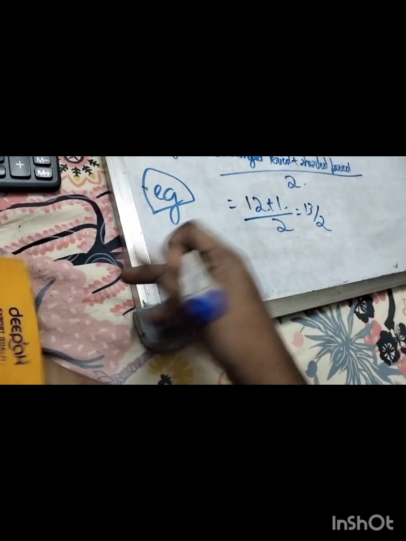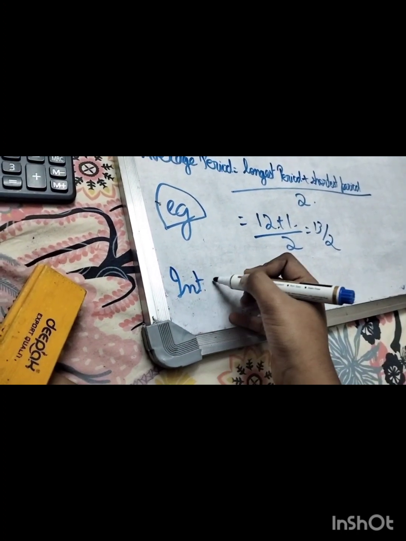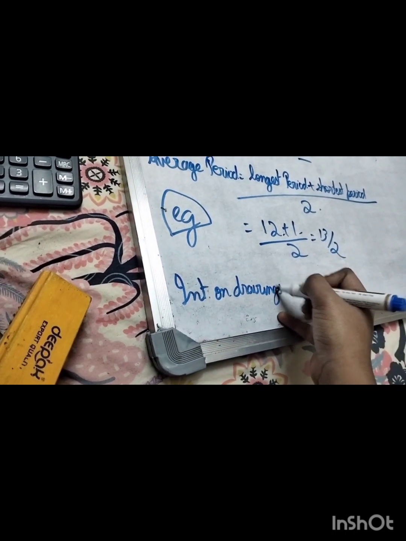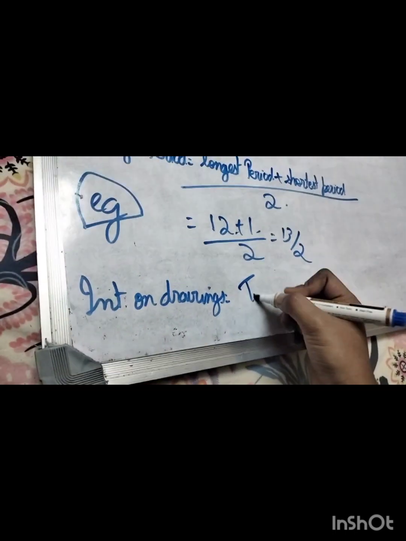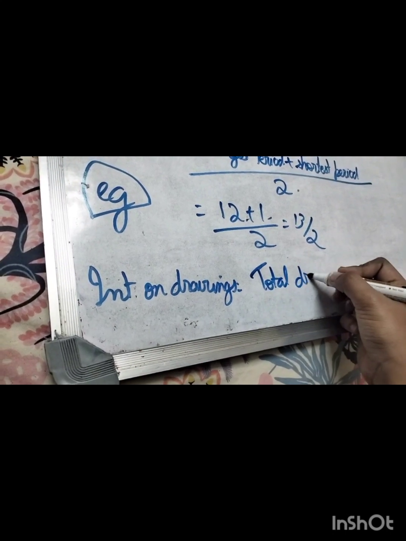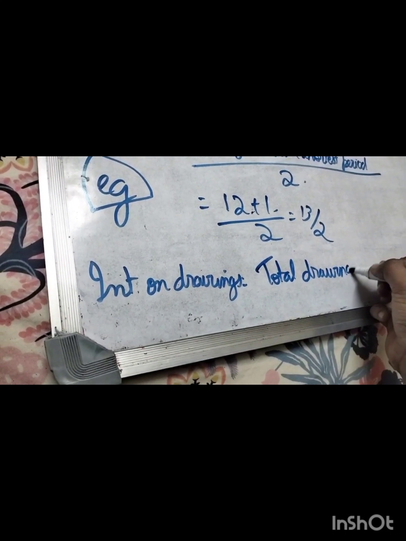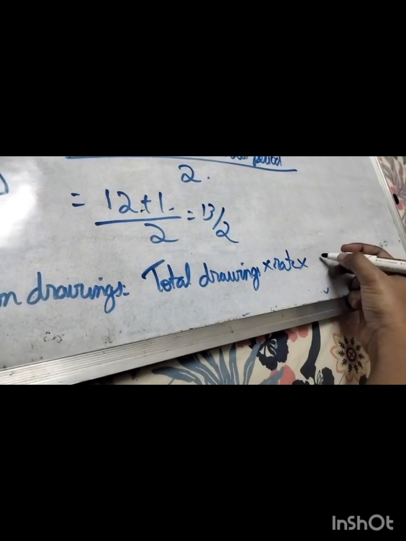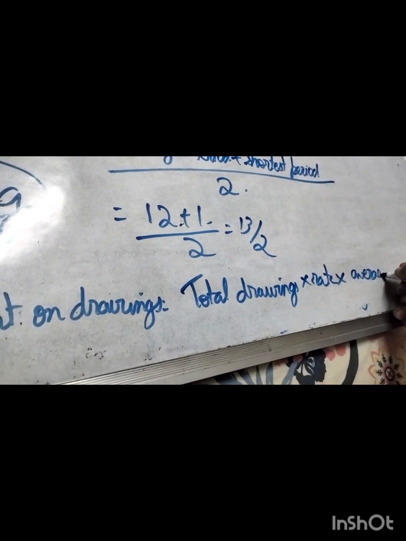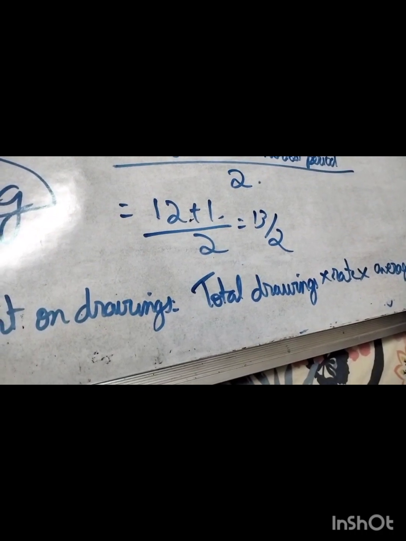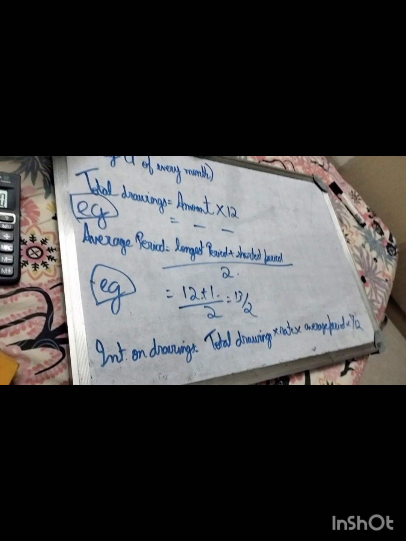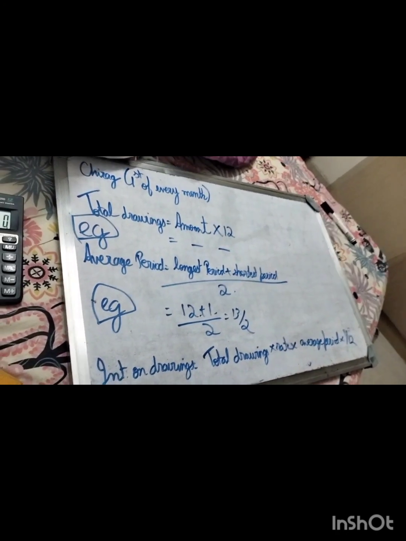You don't write total drawings, you write interest on drawings, is equal to total drawings into rate into average period into 1 by 12. So this is how you write for the examination, step by step.